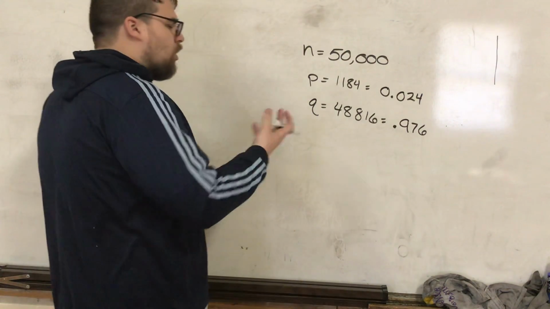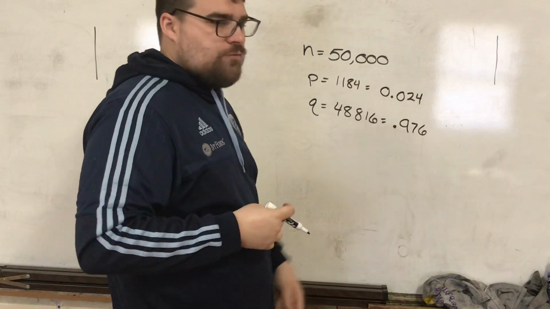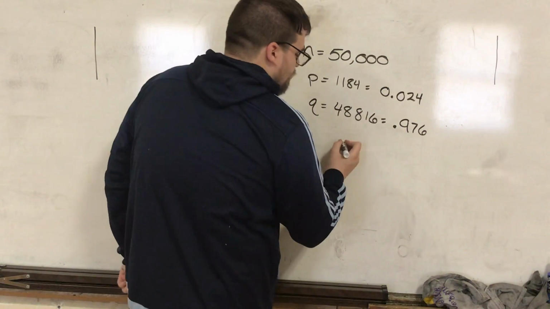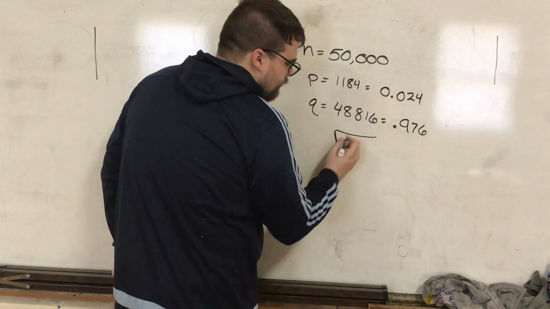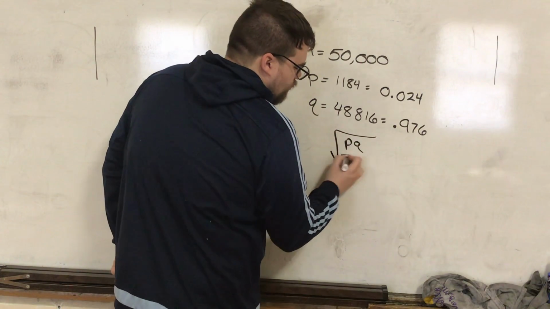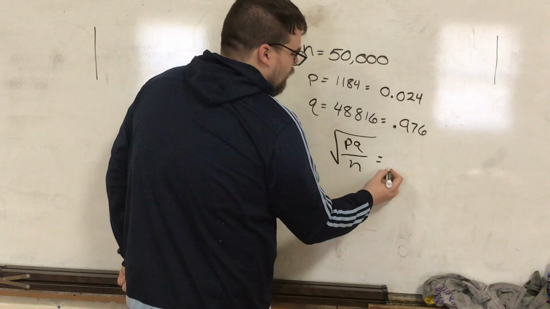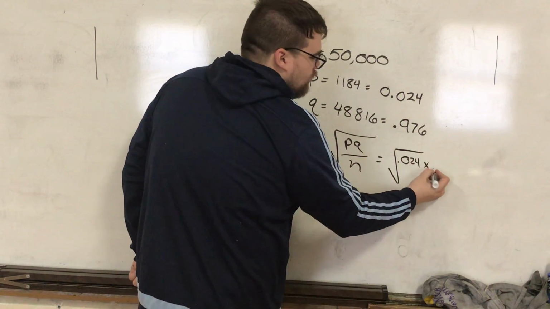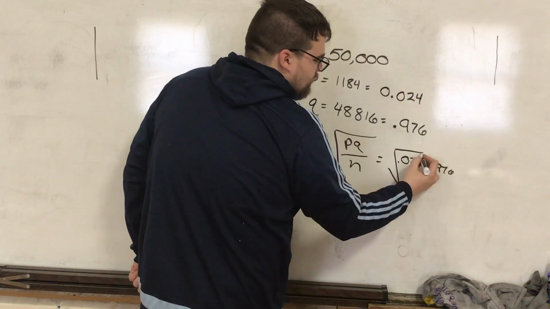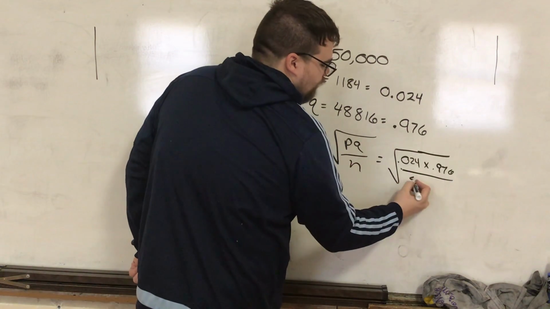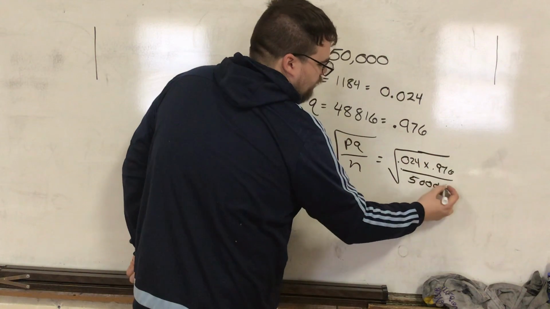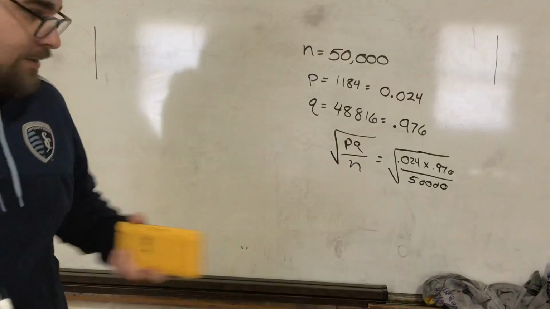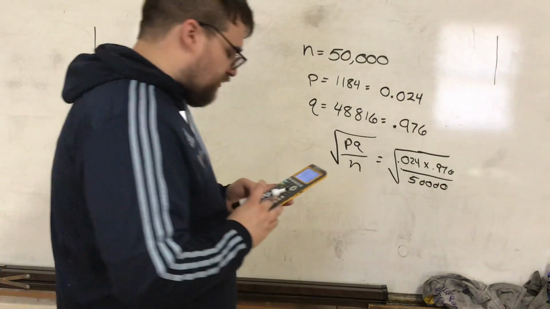We're going to go ahead and find the standard deviation. We know our mean, our average, 0.024. But let's find our standard deviation. To find the standard deviation, square root of P times Q over N, otherwise known as 0.024 times 0.976 over 50,000. It's a lot of trials, so it should theoretically be a pretty small standard deviation.